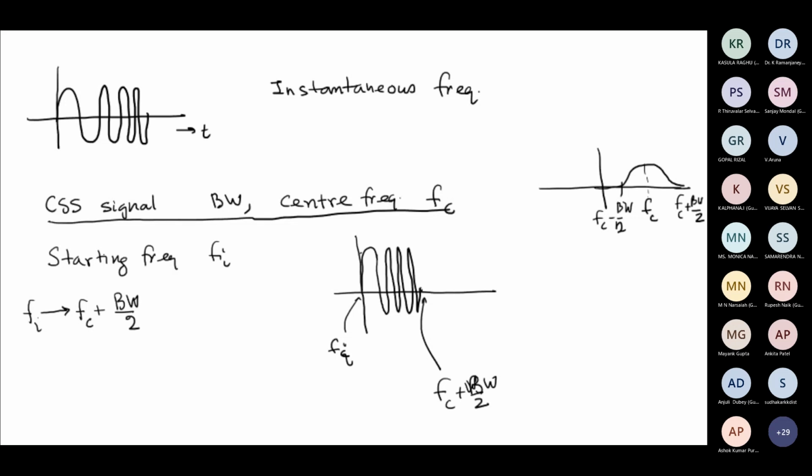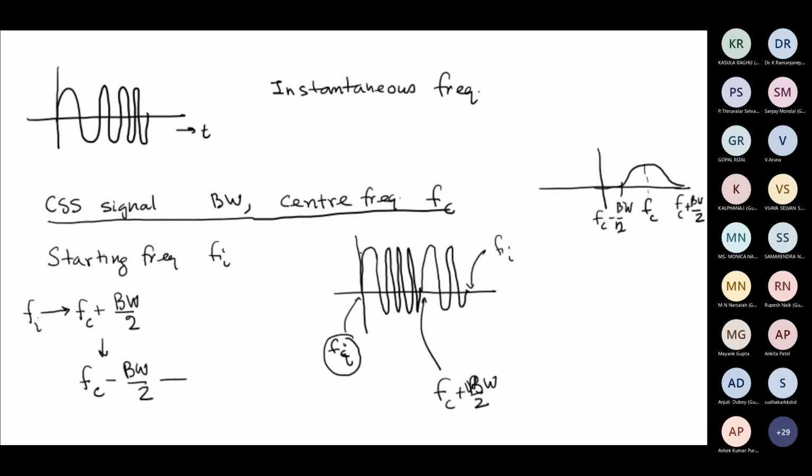After that point, the frequency will immediately drop off to Fc minus Bw by 2. And after that, the frequency will gradually increase again, and finally it will reach an instantaneous frequency of Fi, which is the same as the starting frequency.